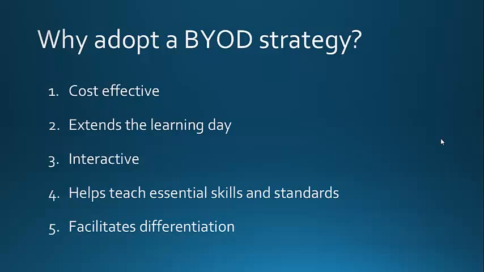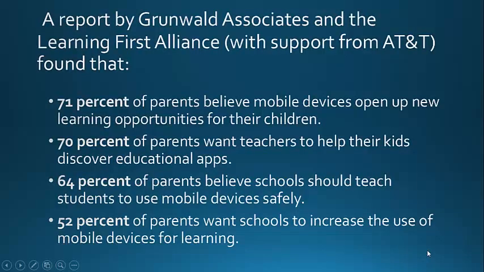One of the big reasons associated with bullet 4 here is Common Core state standards, which has been adopted in 45 states. Grunwald Associates and the Learning First Alliance, with support from AT&T, found that 71% of parents believe mobile devices open up new learning opportunities for their children.